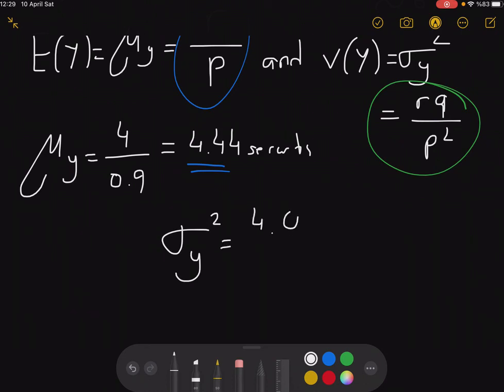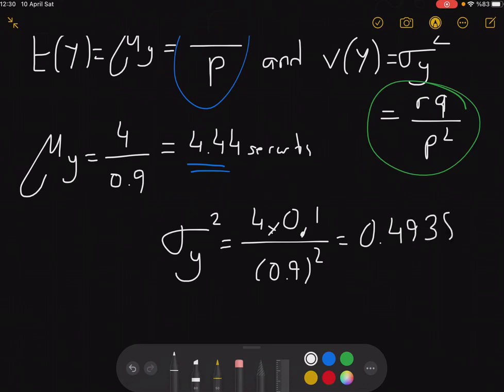It is 4 times 0.1 over 0.9 squared, and this would be its variance. When you take the square root of this variance, you will achieve your standard deviation in any case. So this is called the negative binomial distribution in this sense.